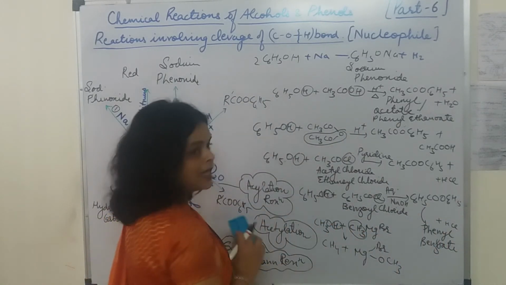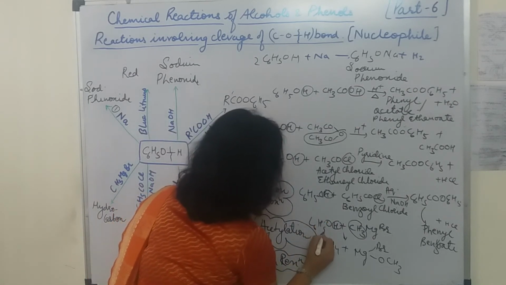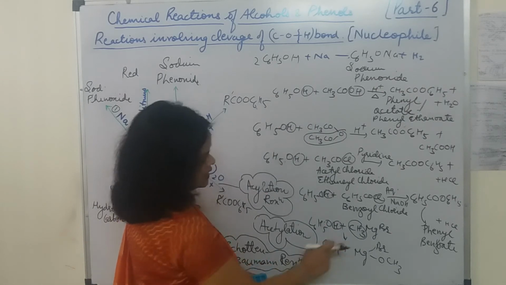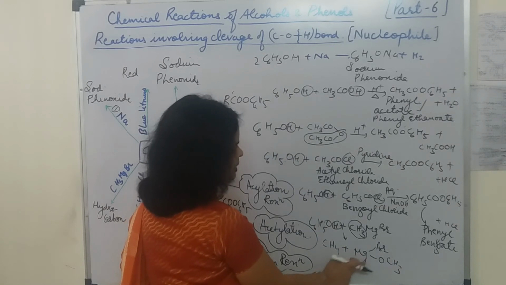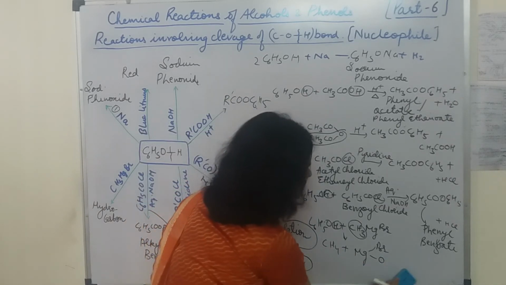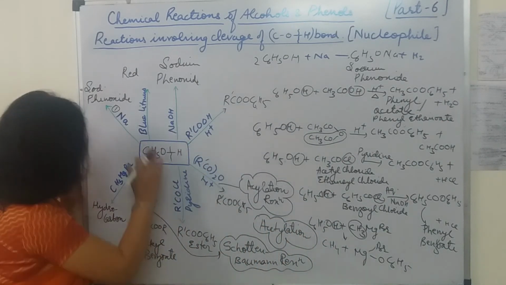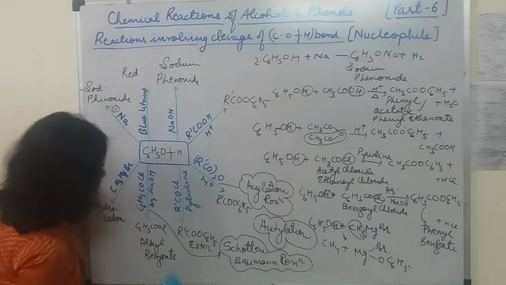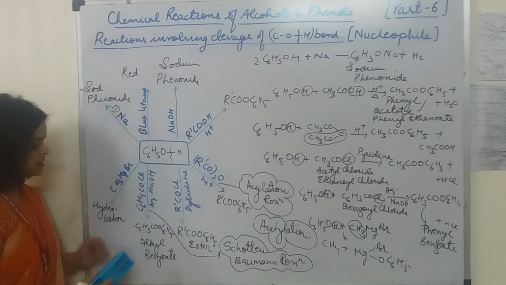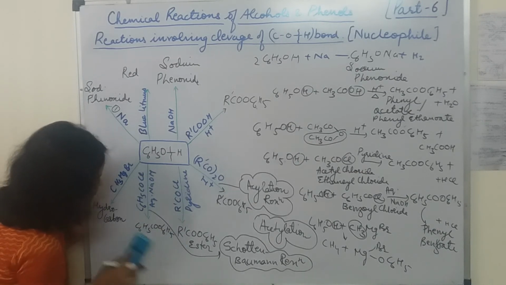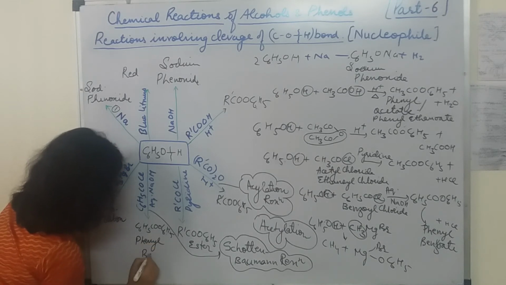Okay, and here the last one, when phenol combines with Grignard reagent, we are going to get the same hydrocarbon, CH3 and H. It will form methane and MgBr and OCH3. Instead of the side product, we will get this one as the side product. So exactly they are giving the reactions in the same way. We will make the change over here also. It is C6H5. This reaction is still phenyl benzoate.